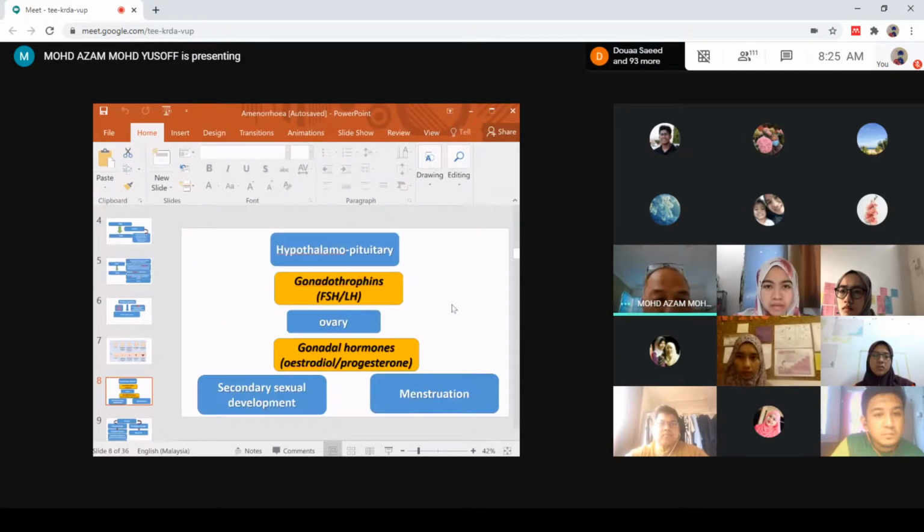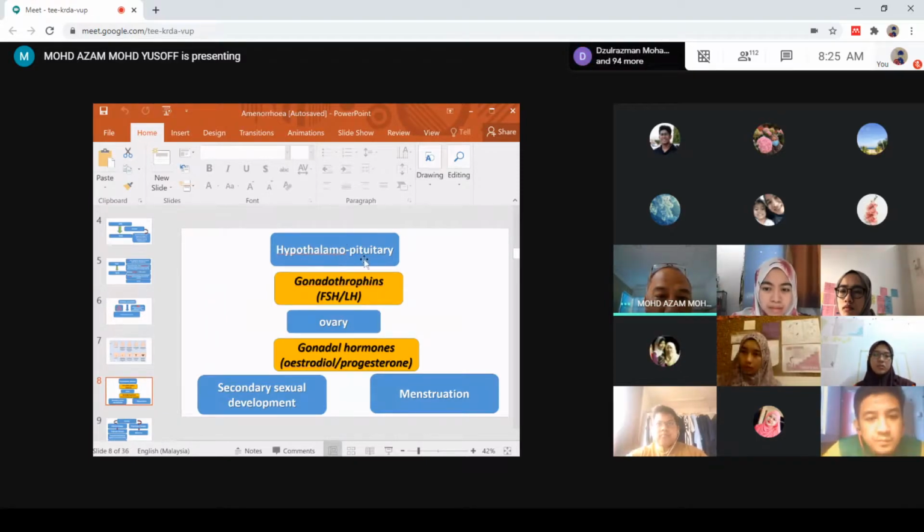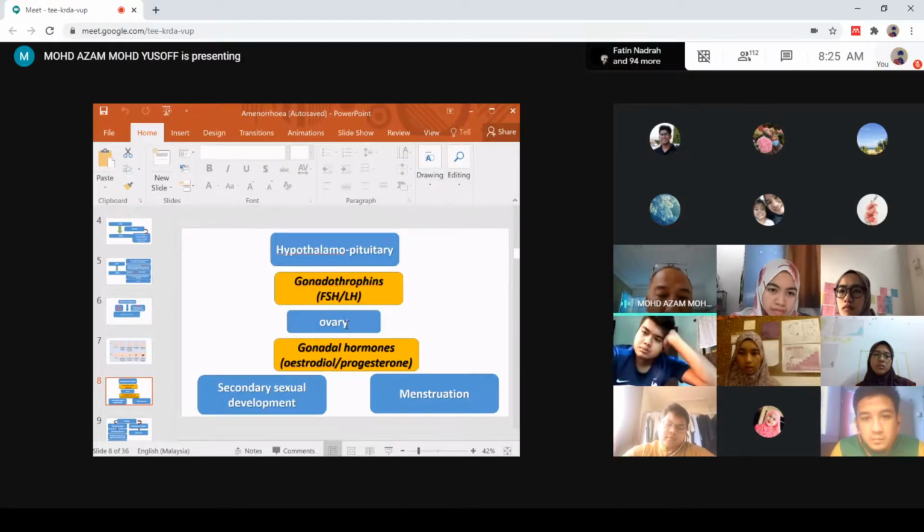So this is what happened actually. Hypothalamic pituitary, we clump together because it's about the same, hypothalamic pituitary, and then gonadotropin release the FSH LH, stimulate the ovary, and then ovary release the gonadal hormone, estradiol and progesterone. Under this gonadal hormone, there are 2 effects.